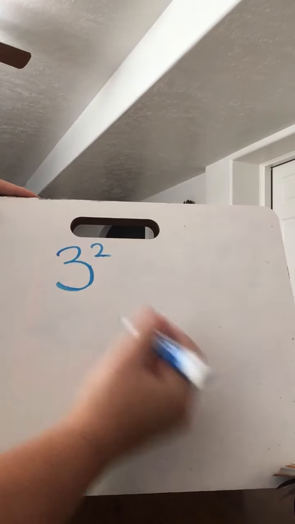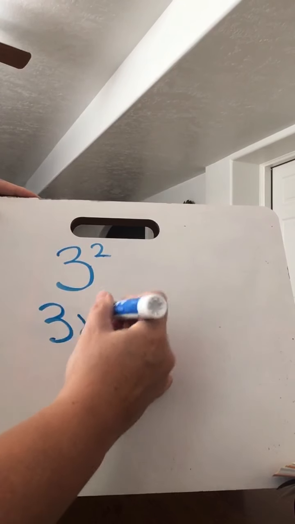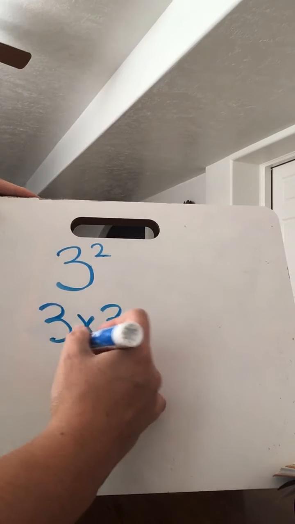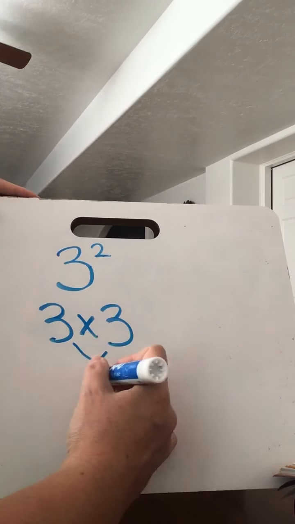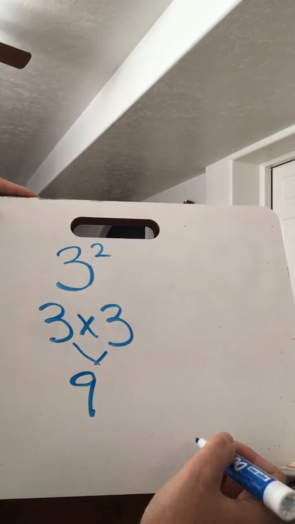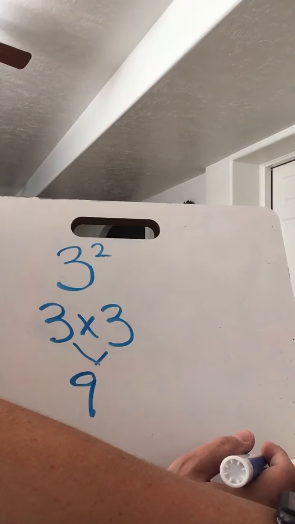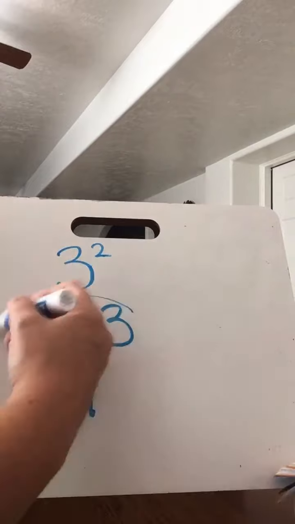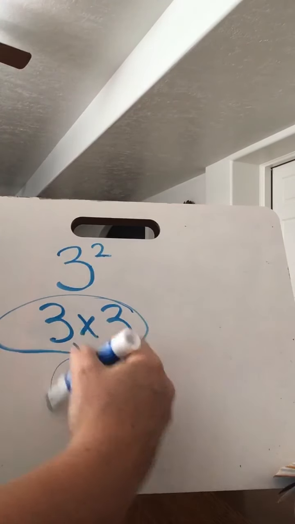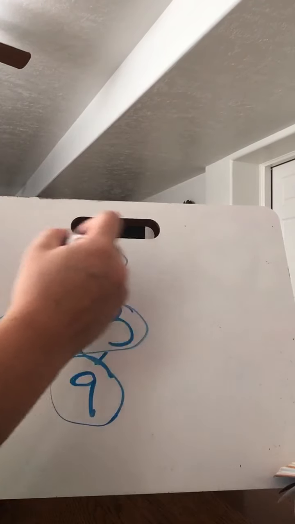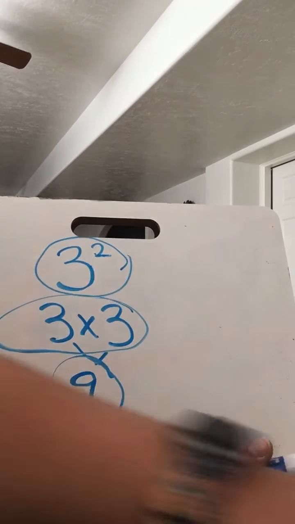So 3 squared, 3 two times, would look like this: 3 times 3. And then if it says then find the value, you know what 3 times 3 is. That answer would be 9, okay? So that's what they mean when they say write each power as a product of the same factor. They mean write it out, and this would be the value. If they say write each product using an exponent, they want the little number.